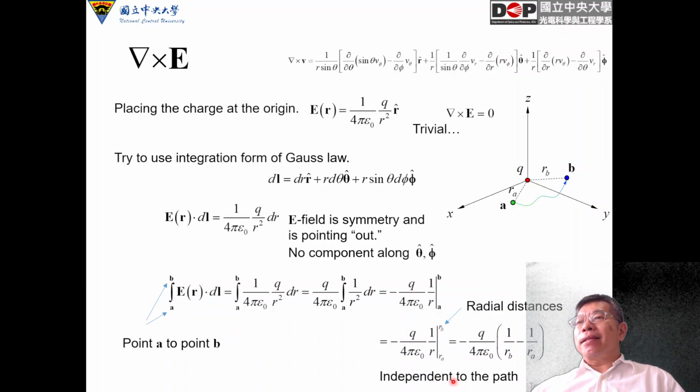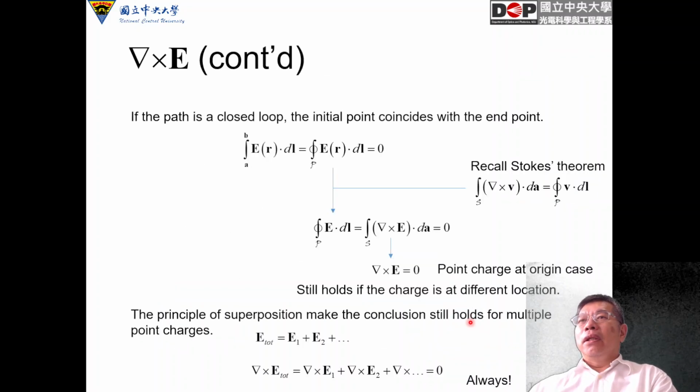So it's path independent, or independent of the path of your line integral. So this is a conservative field. Earlier we talked about it: it doesn't care which path you follow, you always have the same result. This is a conservative force field.